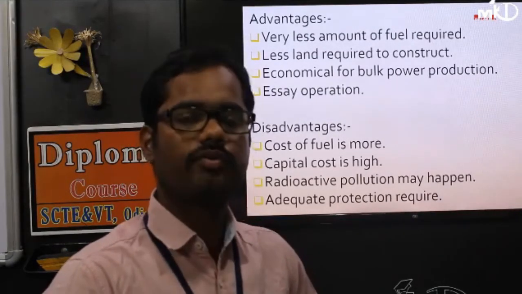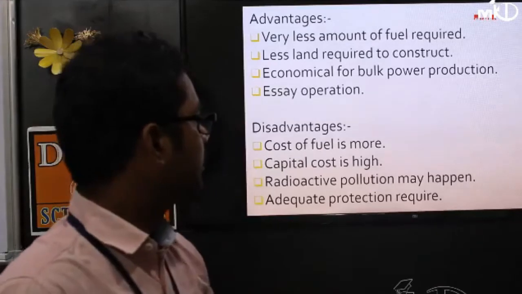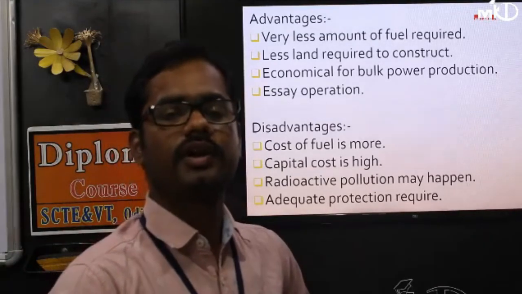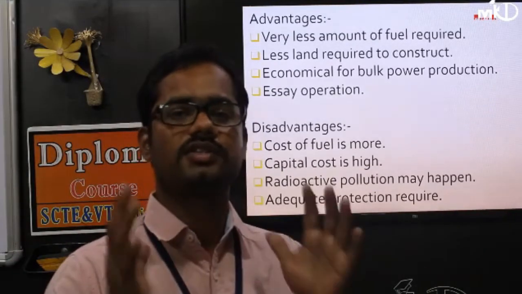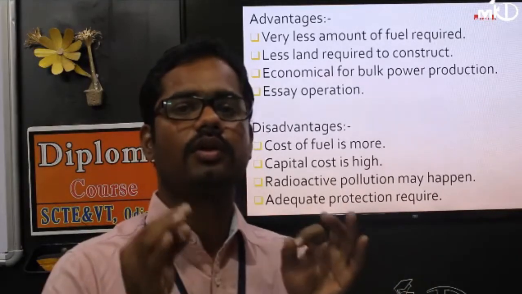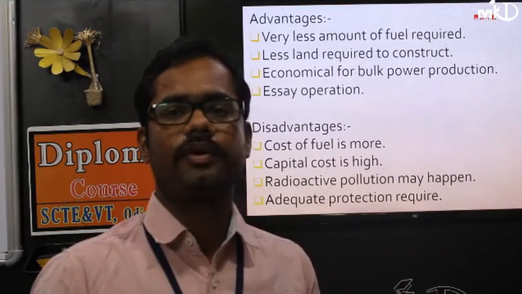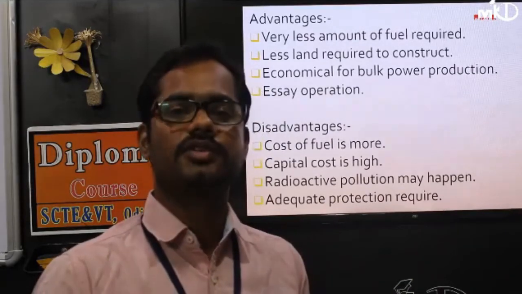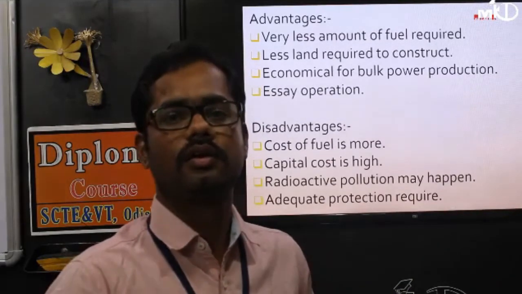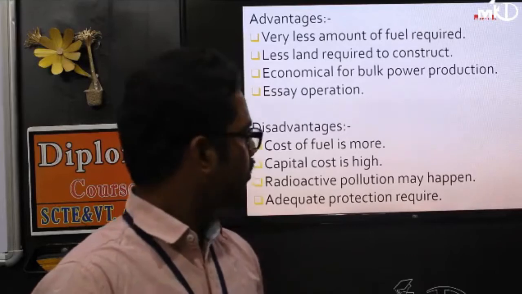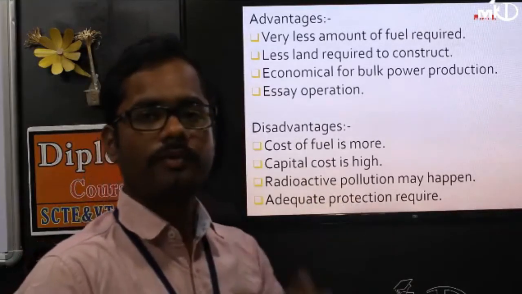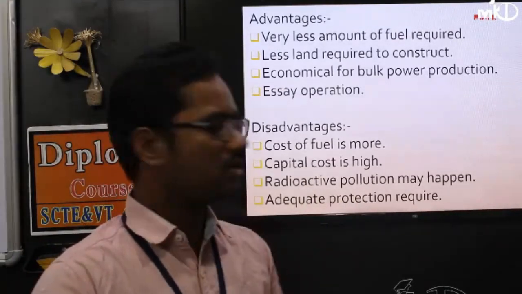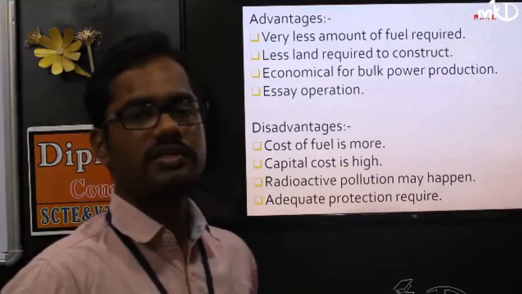So the cost of fuel is more, and capital cost is high because it is a radioactive element. We have to construct the system in such a manner that in every aspect it is safe for human beings. So we have to maintain a proper system, and the capital cost is high.